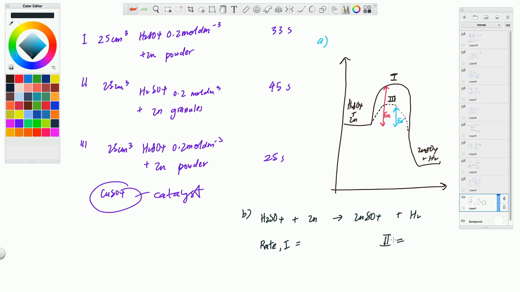Okay, so rate for 1 is 40 centimeter cube over 33 seconds. And the rate for 2 is 40 centimeter cube over 45 seconds. All right.